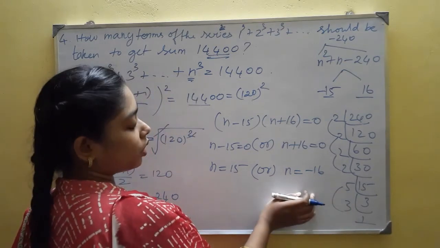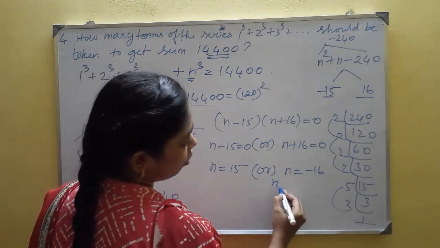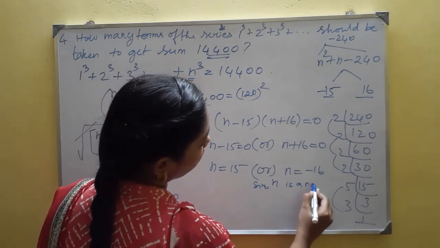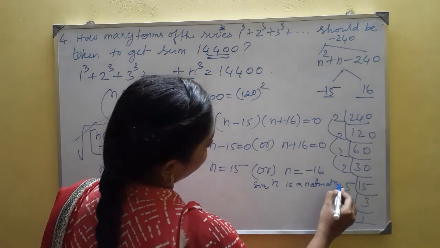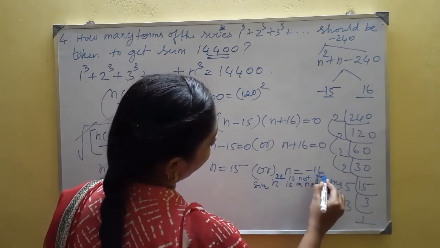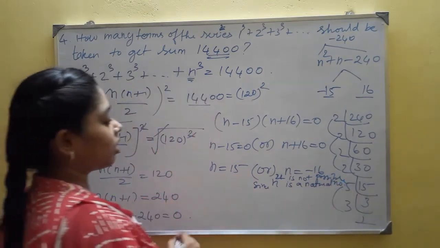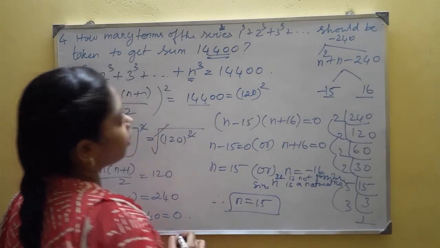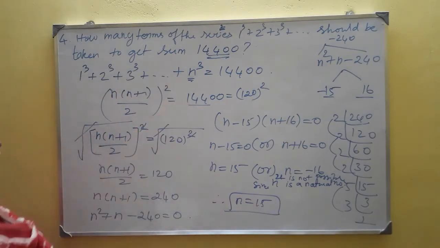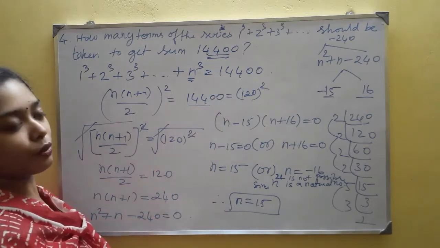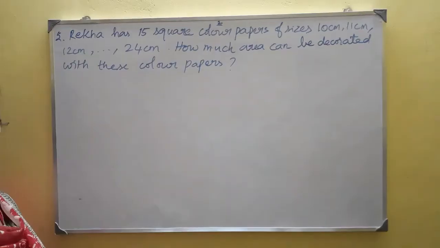The same reason you want to write here: it is not possible since n is a natural number. Therefore, n value gives you 15. So how many numbers are you summing up? Sum of cubes of the first 15 natural numbers gives you 14400.